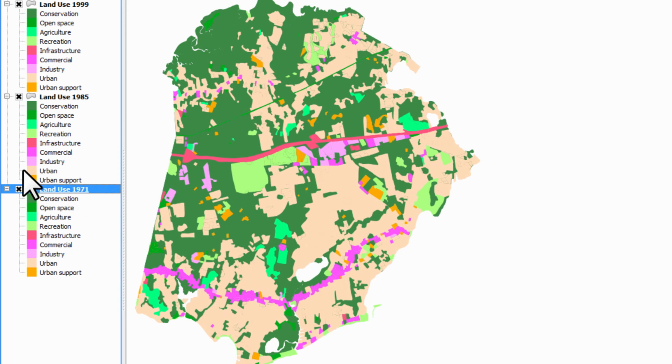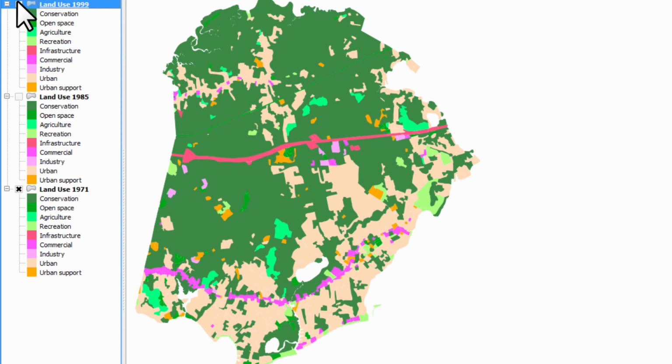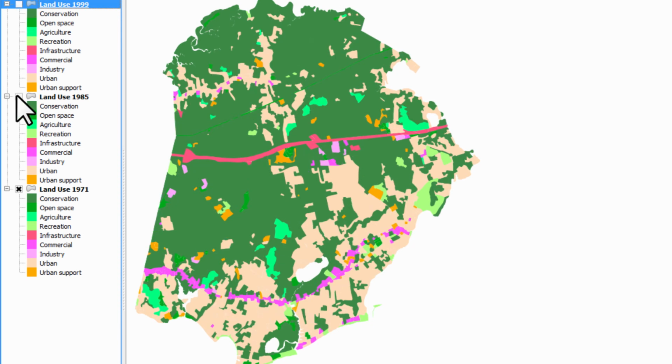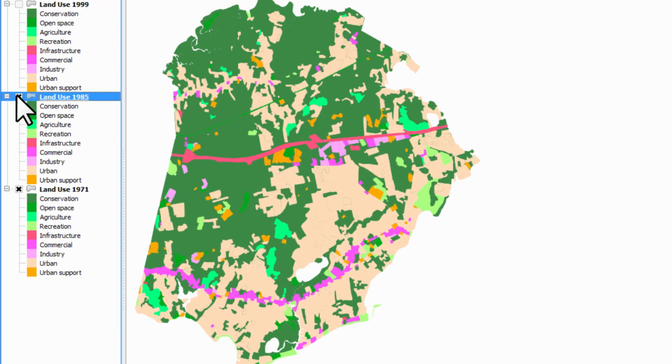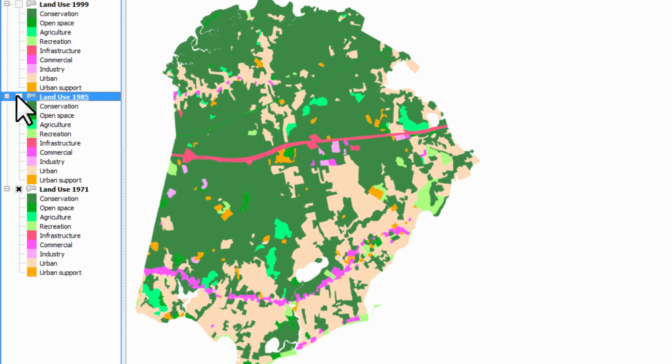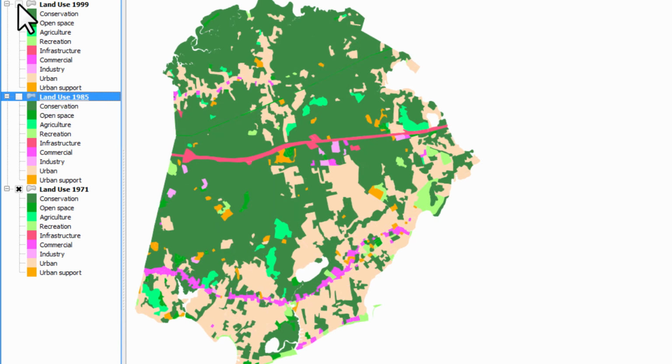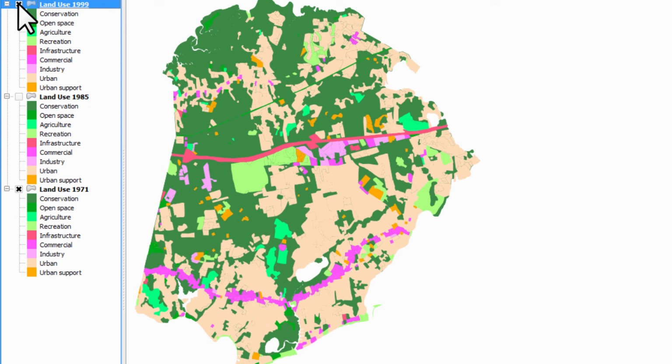So let's just enable this, and we'll click that. So there's the difference between 1971 and 1999. Okay, 1985. And 1971. So it's really interesting how much the urban areas have expanded over that period.